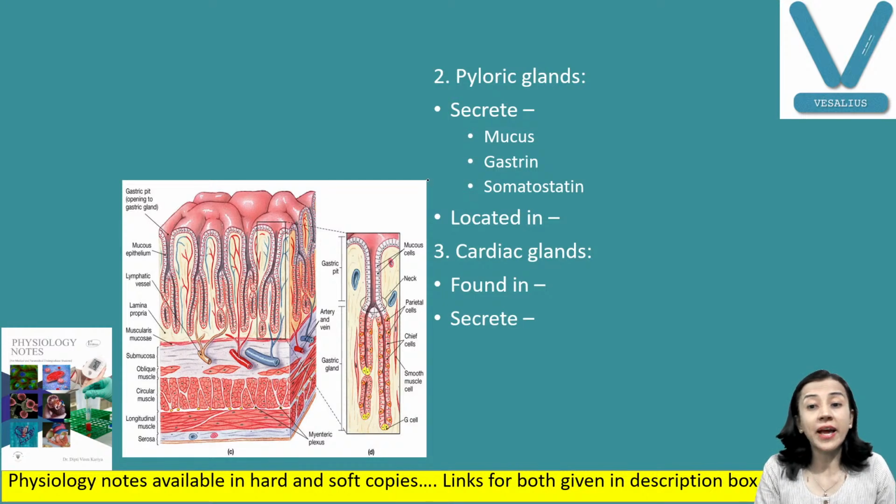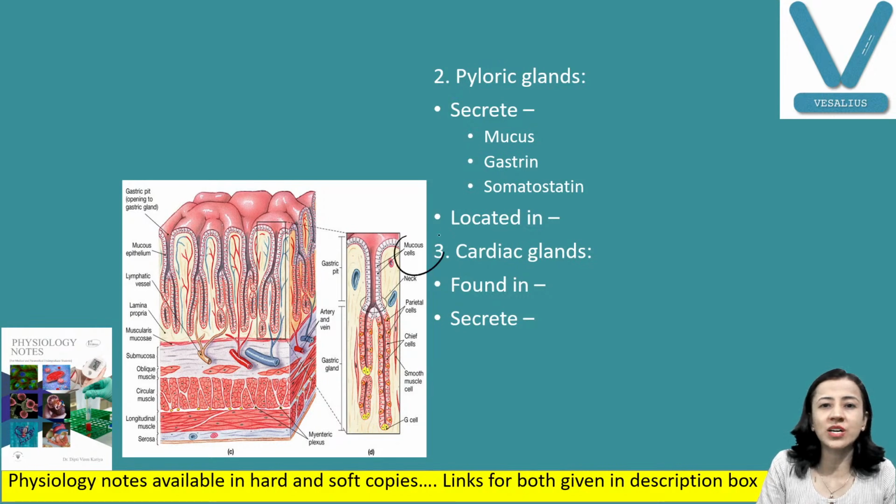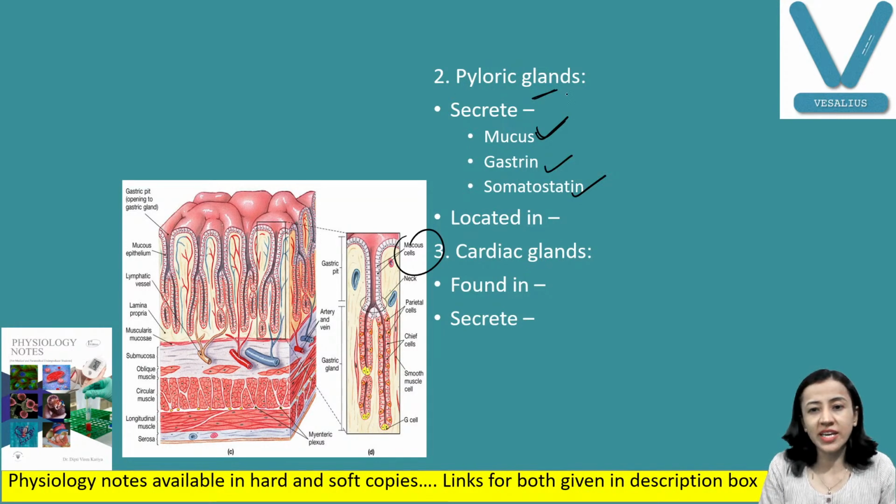These pyloric glands secrete mucus. Mainly they have mucus neck cells, so they secrete mucus and various hormones: gastrin and somatostatin. These are secreted in the pyloric gland, and they are located at the pyloric antrum, which is the distal part.